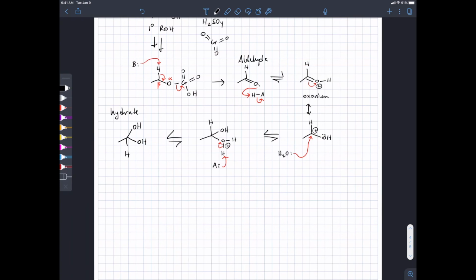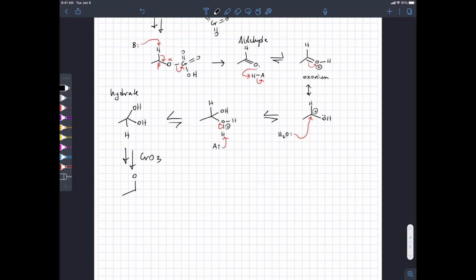Now you've got two oxygens, so another equivalent of CrO3 can come in, and we can get, again, the intermediate in which we've got a good leaving group in terms of the chromium. And again, we can have a base, probably just the conjugate base of our acid, remove the proton to establish the new carbon-oxygen pi bond.